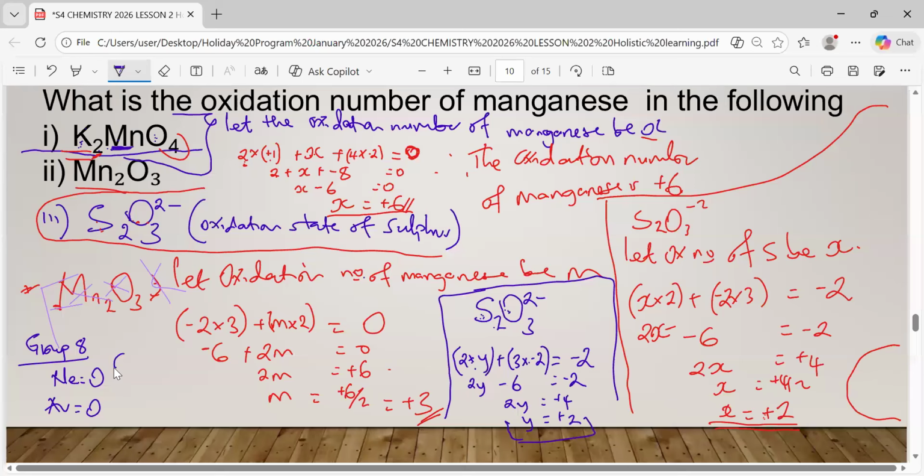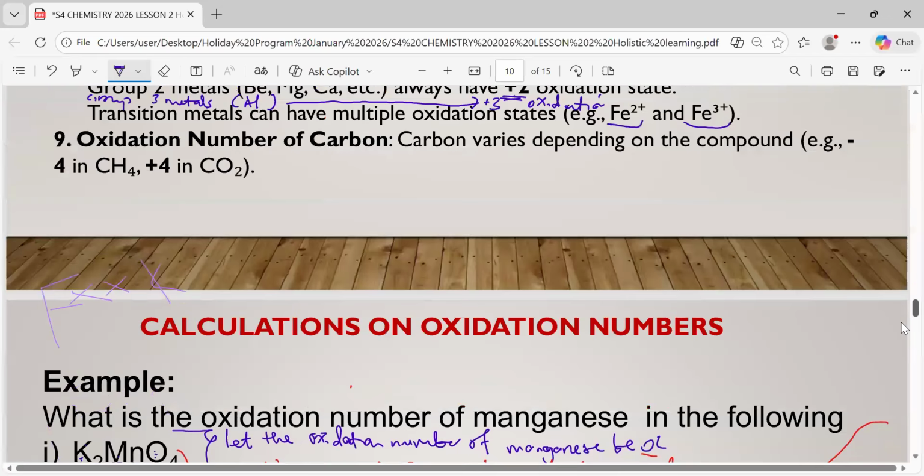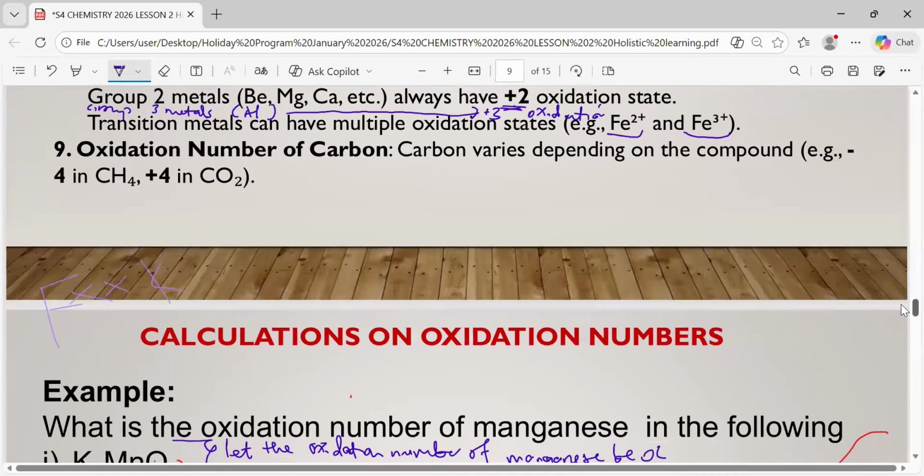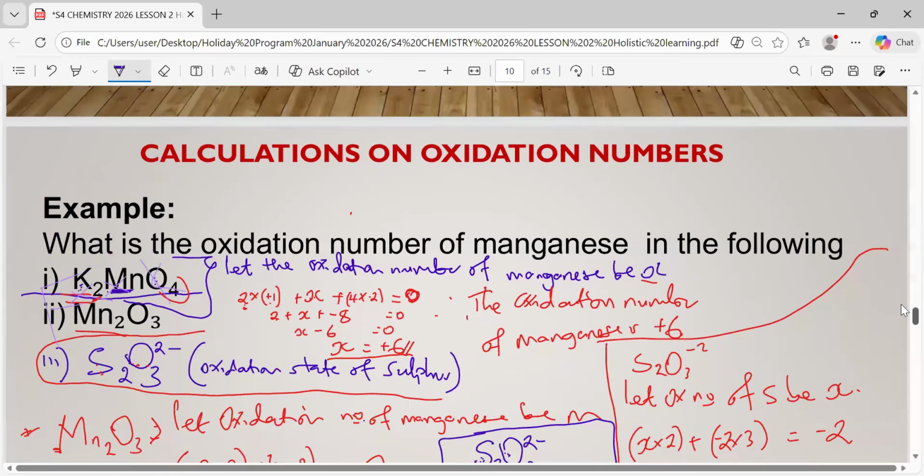Now, for group 4, we already talked about one of the group 4 elements, carbon, which can have an oxidation number of +4 or -4. Carbon varies depending on the compound, e.g., -4 in methane, +4 in carbon dioxide, which means it is not static. It can change depending on the compound.